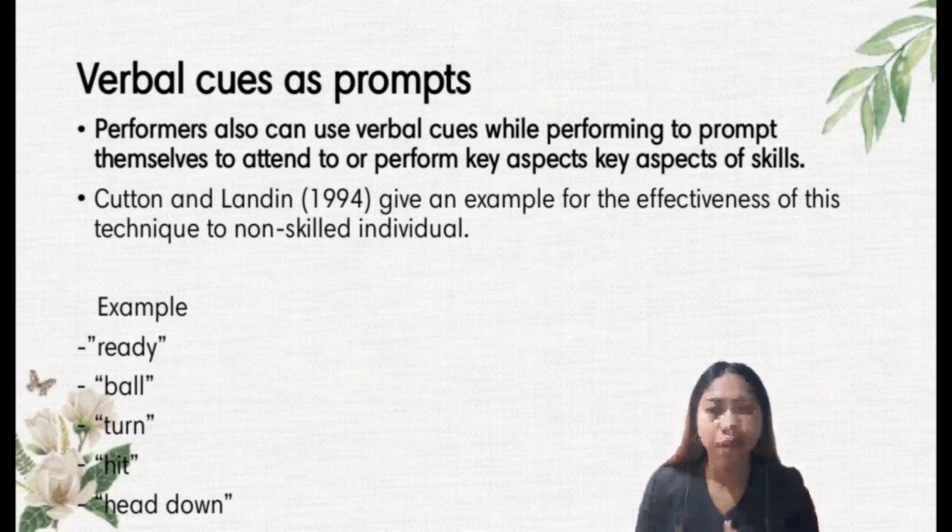Next is "ball," so the player focuses on the ball. "Turn" prompts proper body formation. "Hit" makes the player focus on hitting the ball. And lastly, "head down" prompts a stationary position of the head after ball contact.